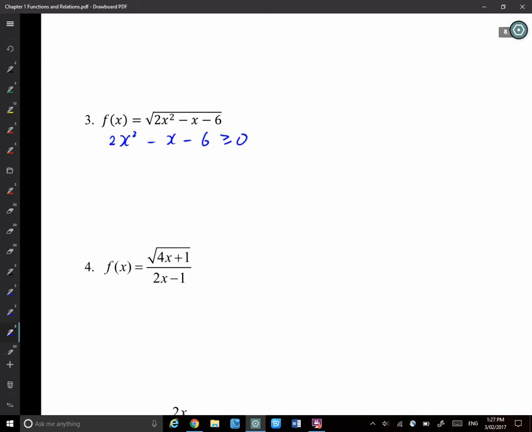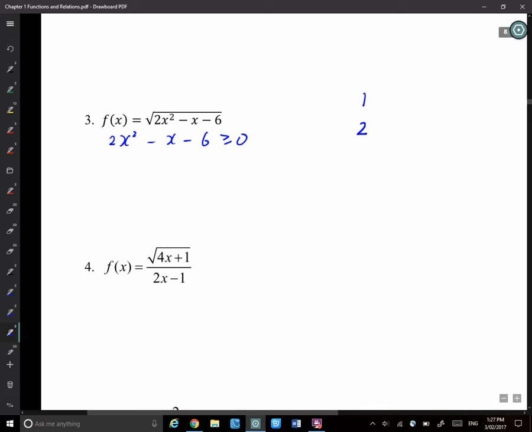For example, this one. I will factorize that first. Let's say 2 is 1 and 2. 6, I will put 2 and 3. I need a negative 1, so I need a negative here. So negative 4 plus 3 will give me negative 1, which is correct.